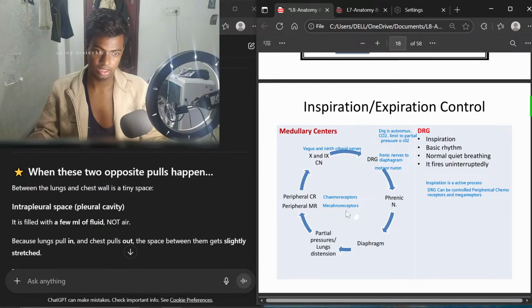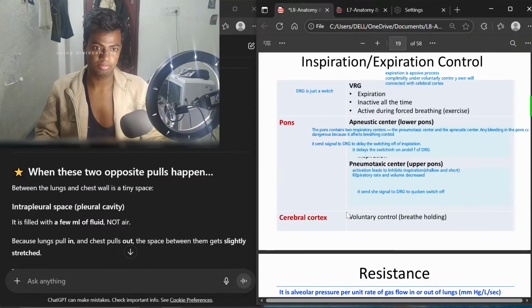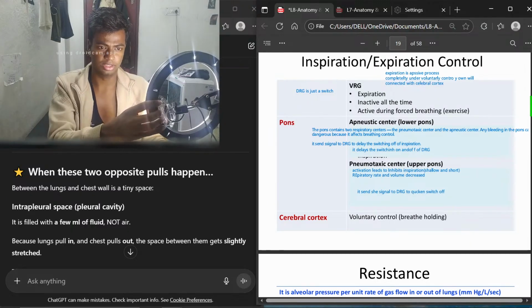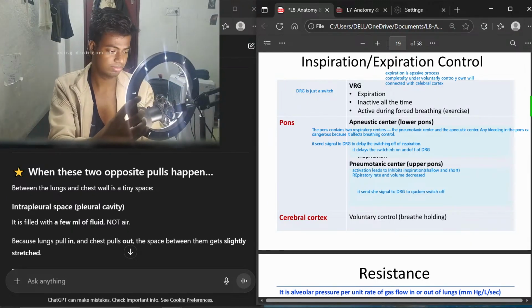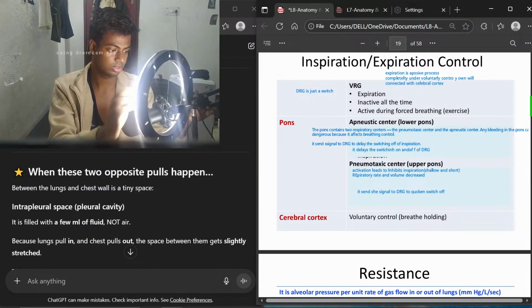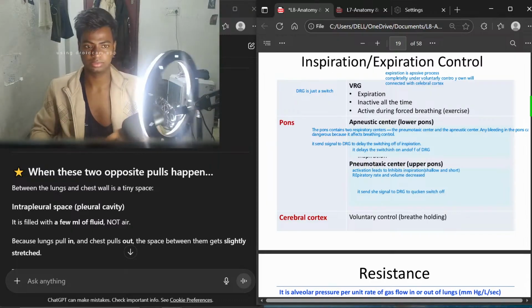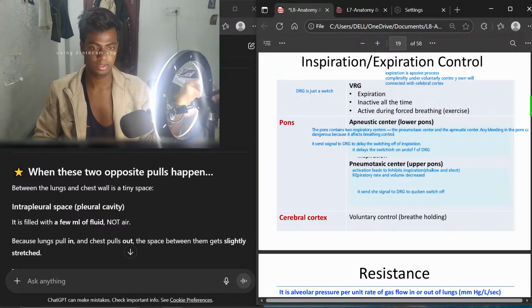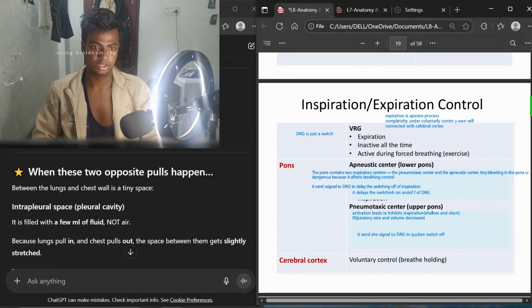So okay, this was covered, and this was also covered. The pneumotaxic center and the apneustic center.